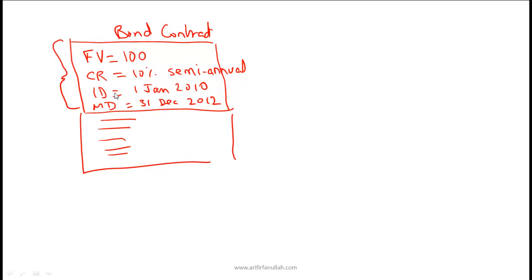When a company issues a bond and this information is given, what the company is promising is a certain cash flow. Over the next 3 years, so 0 and then 0.5 and then 1 year, 1.5 and so on, all the way up to 3 years.